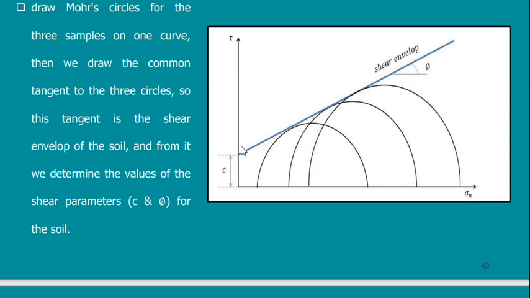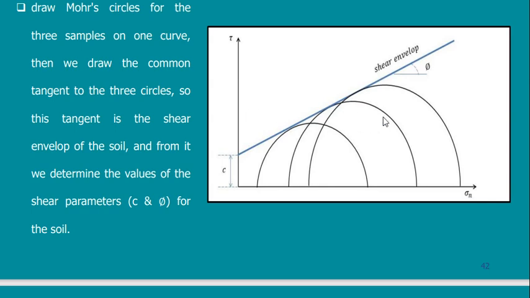This phi makes this line inclined, and in this case, any circle I draw away from zero is bigger than the previous one. I can say that I will not have any effect, and all the samples will fail like each other, if I have this line horizontal instead of having an inclination angle.